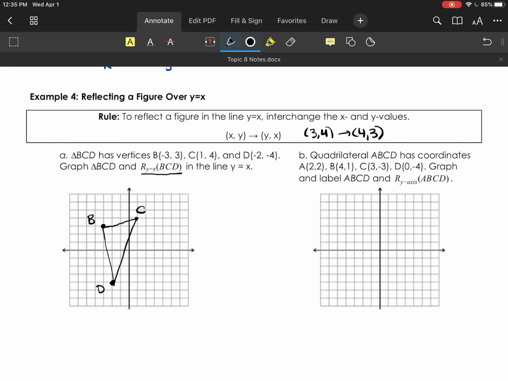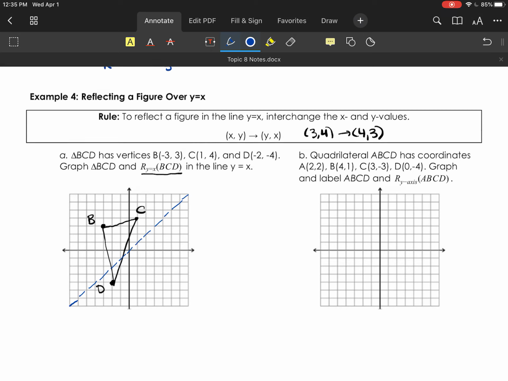All right, so what does it even mean, first of all, to reflect over the line y equals x? y equals x is this diagonal line that goes through the origin, or point (0, 0), where you start your graph. It can be tricky to see this one, because it's a diagonal line.